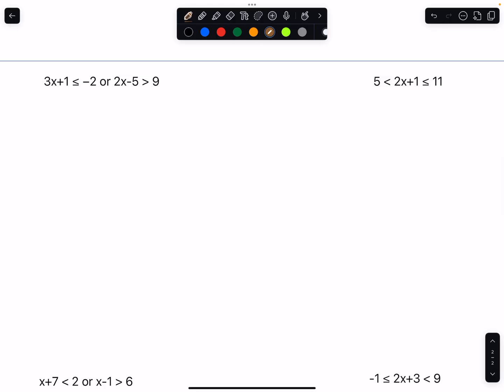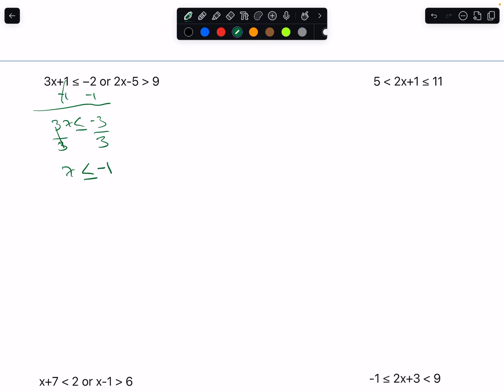Pause the video and work on these questions. Minus 1 on both sides. For this OR statement, 3x is less than or equal to -3, divided by 3. And x here still stays in the same direction, and it is -1, because we are not dividing by a negative across the inequality.